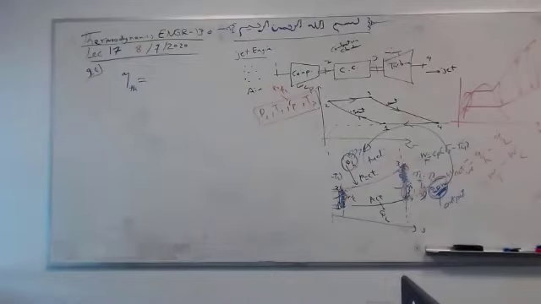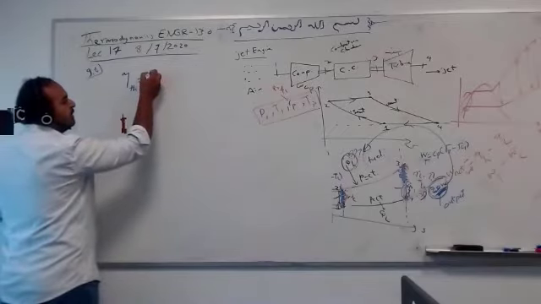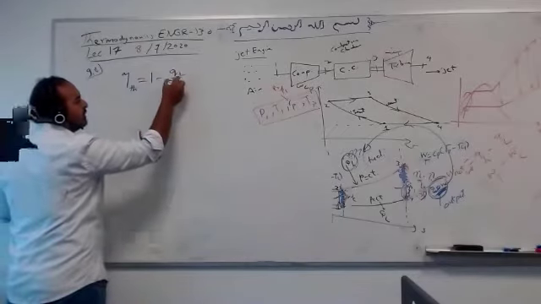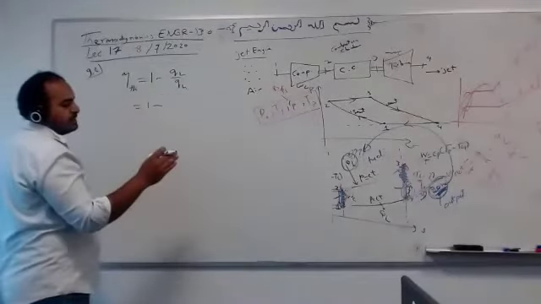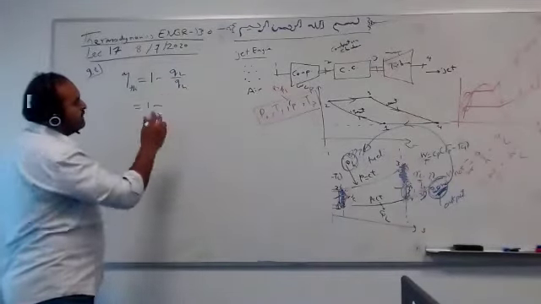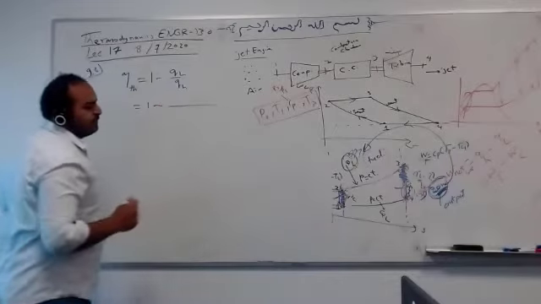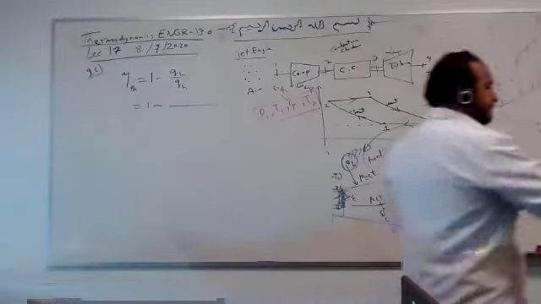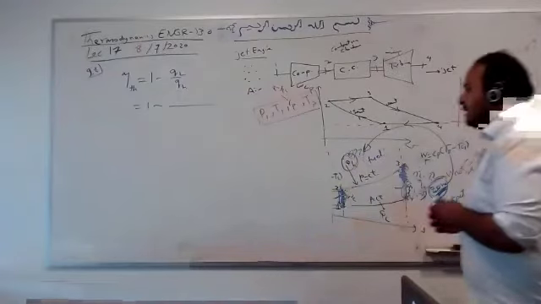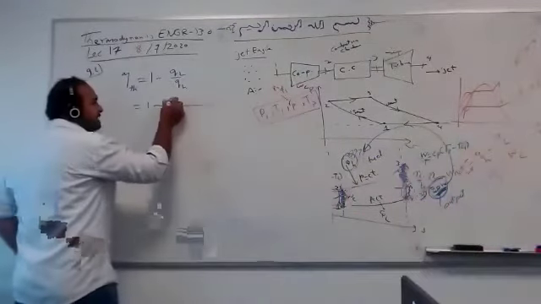So eta thermal is 1 minus Q low over Q high. Guys, what is Q low? Between 4 and 1, all of them delta H. So what is Q low? CP delta T. Exactly. Perfect.